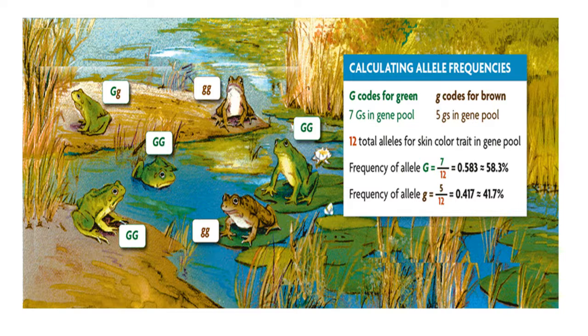To calculate frequency of allele G capital, you have to divide 7 by 12. And to calculate frequency of allele G small, you have to count G small. 1, 2, 3, 4, 5. 5 over 12. Now you can get the percentage of each allele.